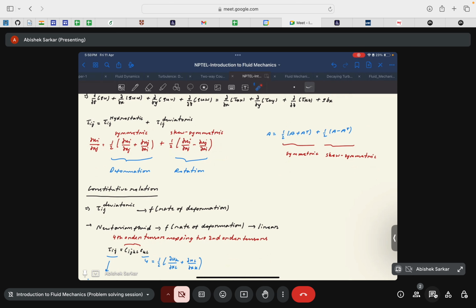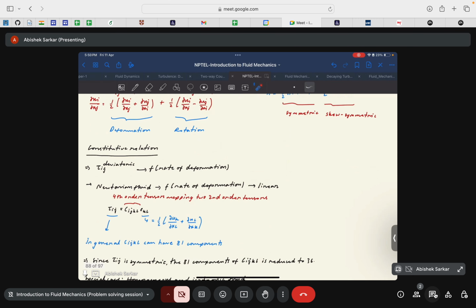We already know it from the fluid statics part. Okay, so let us proceed. Then for Newtonian fluid, and now we are just briefly getting introduced to the Navier-Stokes equation, the rate of deformation is linear. Or basically the shear stress varies linearly with the shear strain rate. Okay.